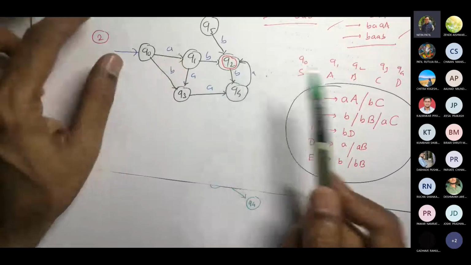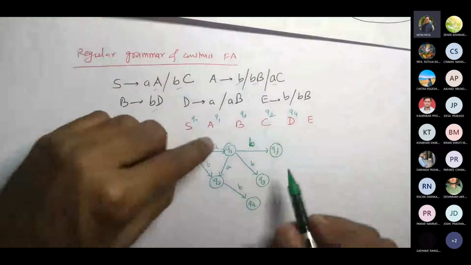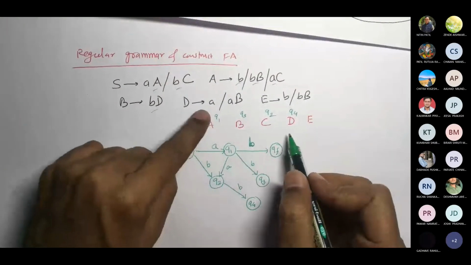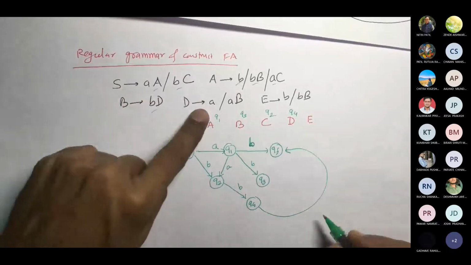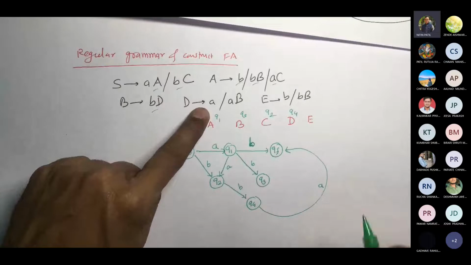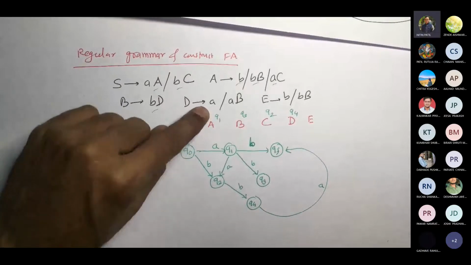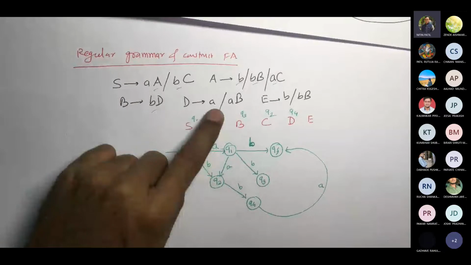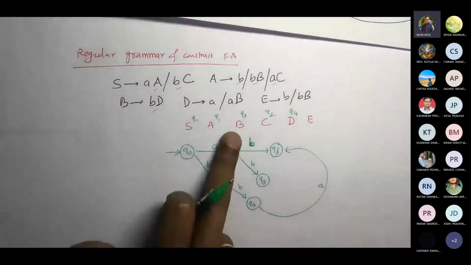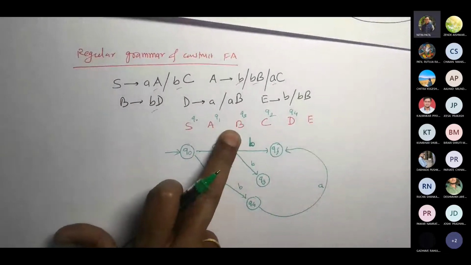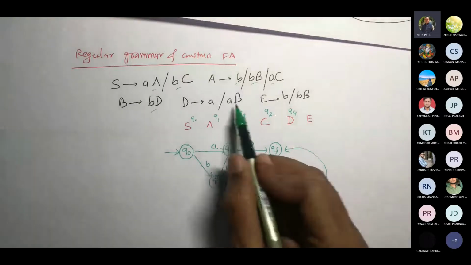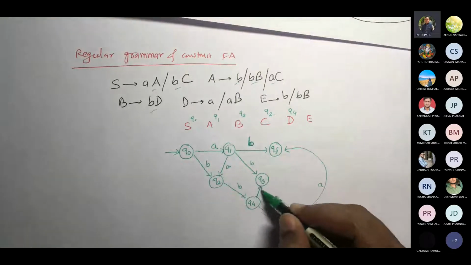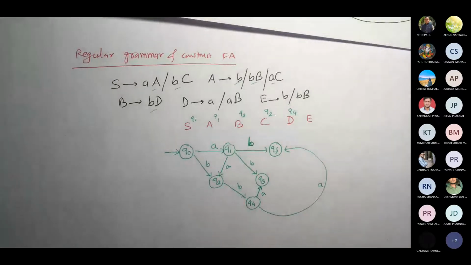And then AC. Let it be. Now D gives A, so let me add a production like this. Now D gives AB. What is A, and what is B for our example? Q3. So from Q4, for AB, we will add this. Correct?